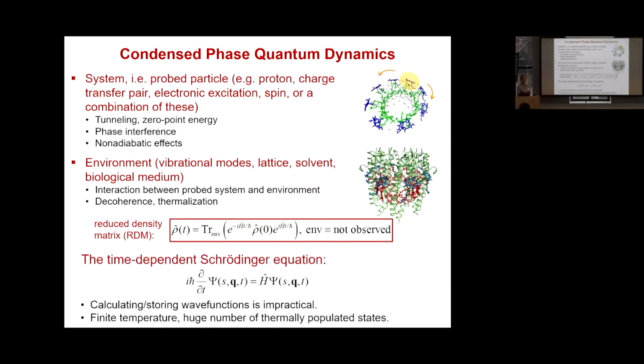In principle, we could do this by solving the time-dependent Schrödinger equation, one wave function at a time. However, we all know that this is extremely expensive and it is prohibitive when we have thousands of degrees of freedom. And at the same time, even if we could compute a wave function, we would have to do a very large number of calculations to propagate all the thermally populated states one by one.